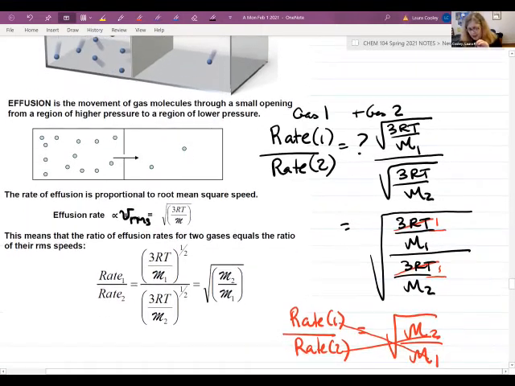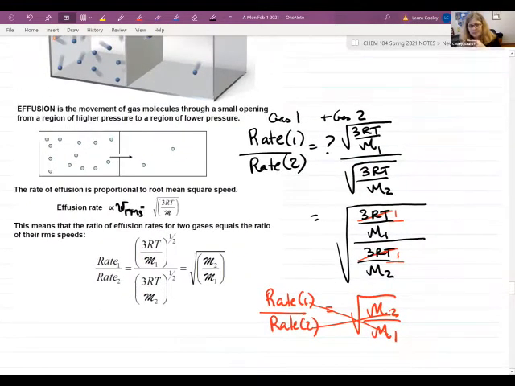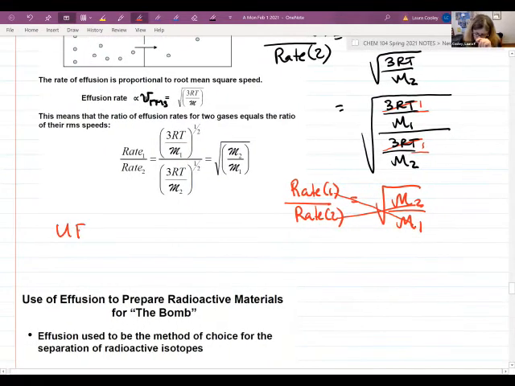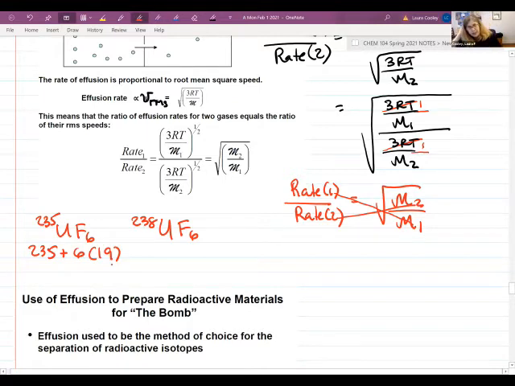Now, getting back to our uranium example, we have two gases. We have UF6 with U235 and UF6 with U238. So what is the mass of this? It's 235 plus 6 times 19, right? 19 is the molar mass of fluorine.